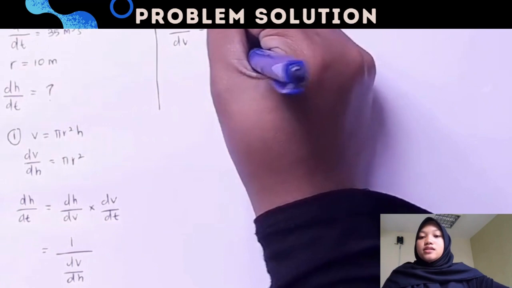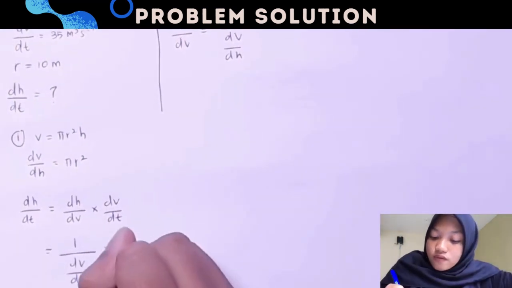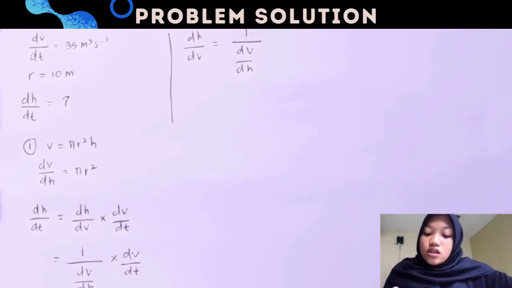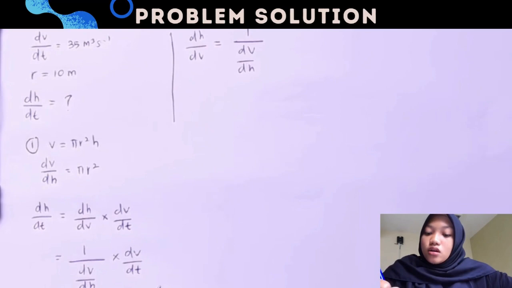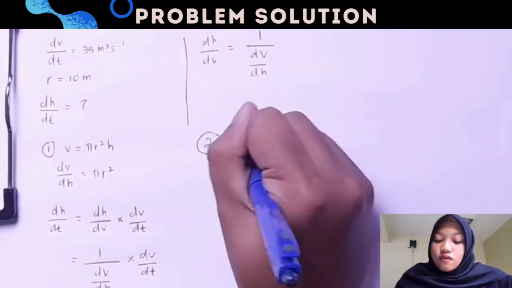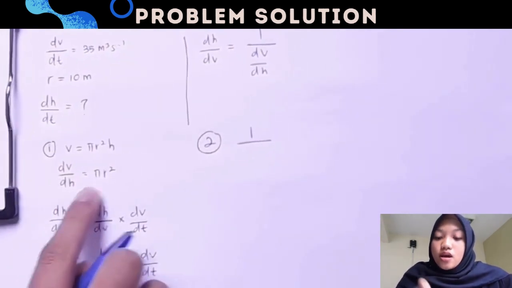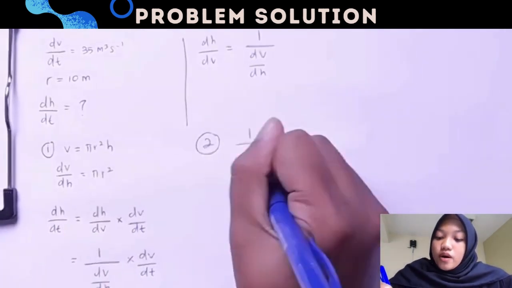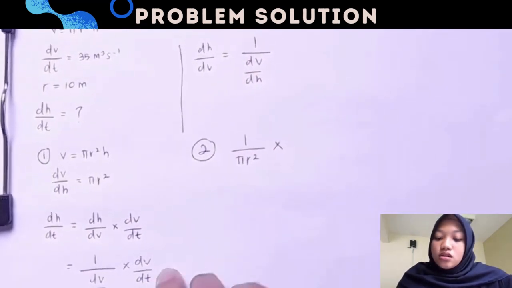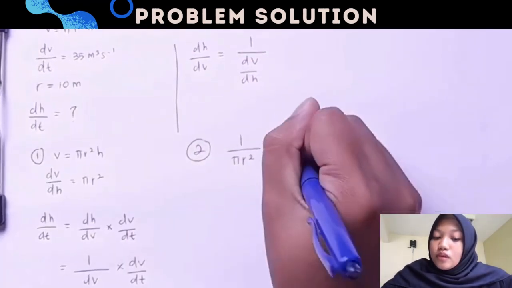So we can just substitute into the equation, multiplying with dV over dt. We just substitute the information given. The next step is 1 over dV over dH. Here dV over dH is pi r squared, so we substitute pi r squared, multiplied with dV over dt, which is already given as 35 meter cube per second.